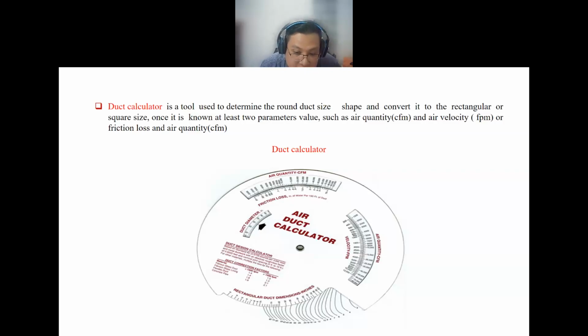No, this one is 26. So this one is maybe by 26 inch. So it is like this. Maybe and 26.